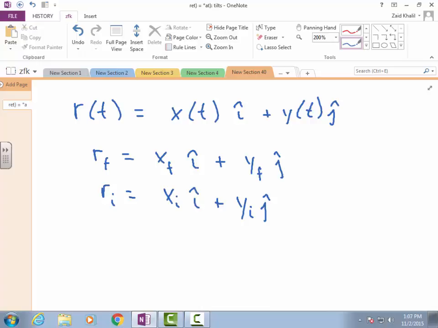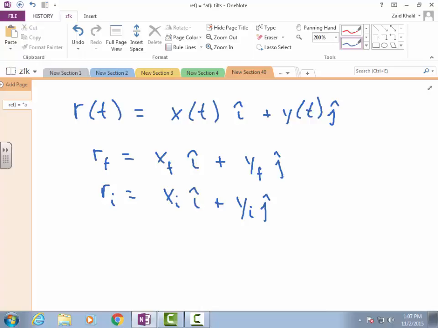All I'm doing is I'm taking r i and decomposing it into what? Its components, x i, y i. And similarly, x f, y f.